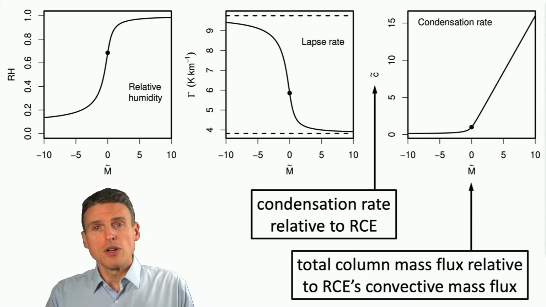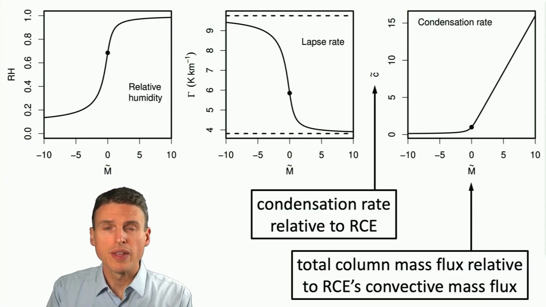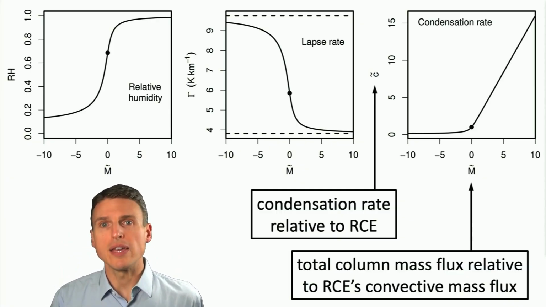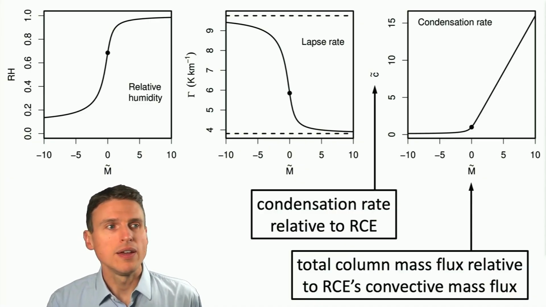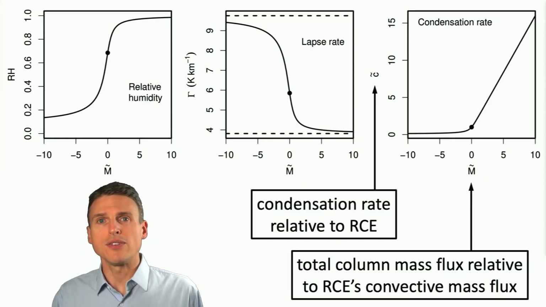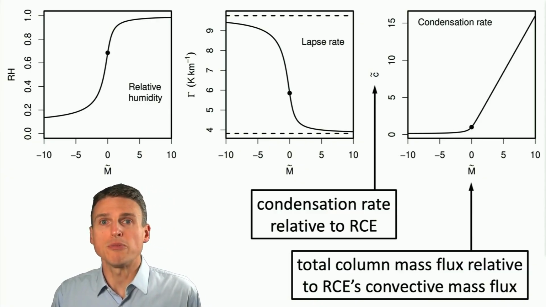Conversely, if we force the total atmospheric column to be descending on average, and the more we do that, the more the lapse rate asymptotes to the dry adiabatic lapse rate. And then for relative humidity, we see that as we have larger and larger net ascent, we're driving the relative humidity of the column to 100%.